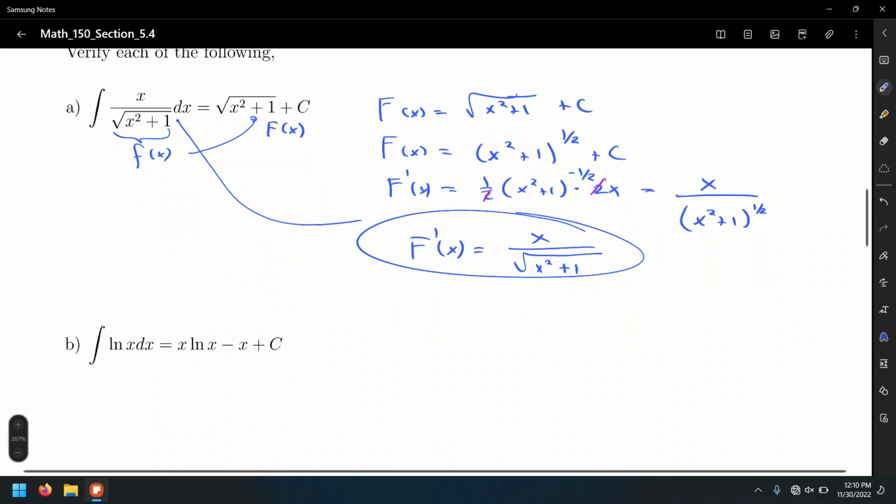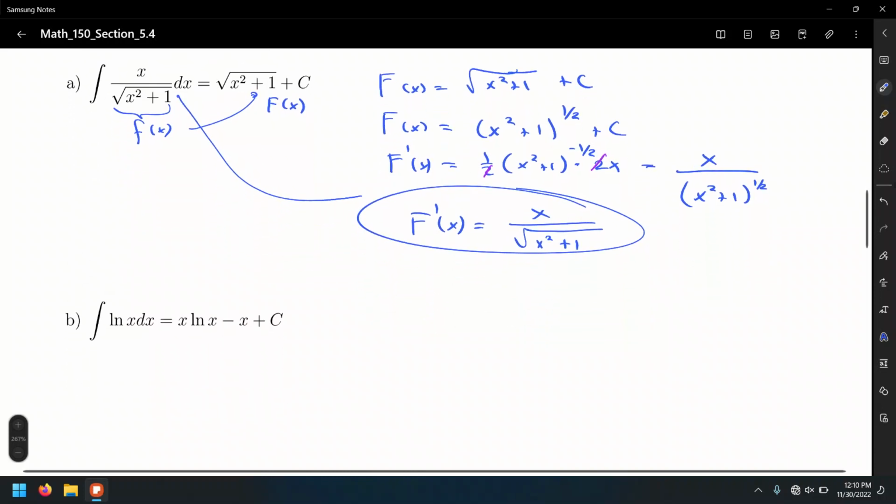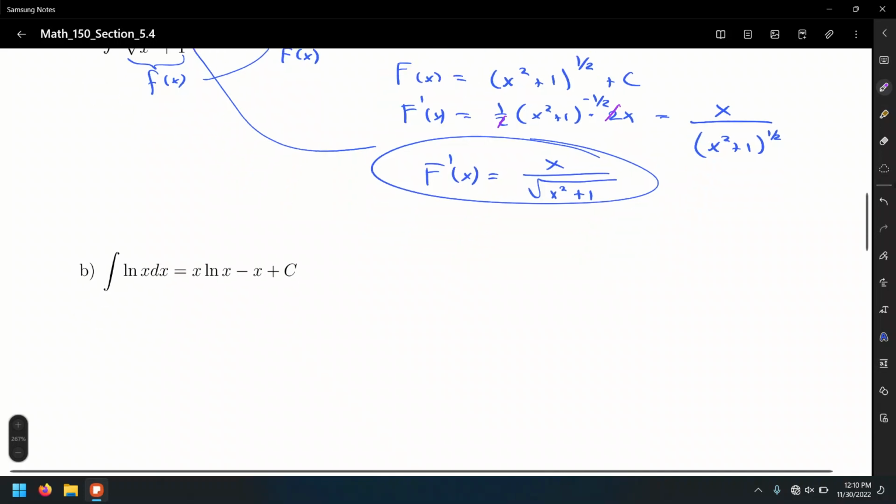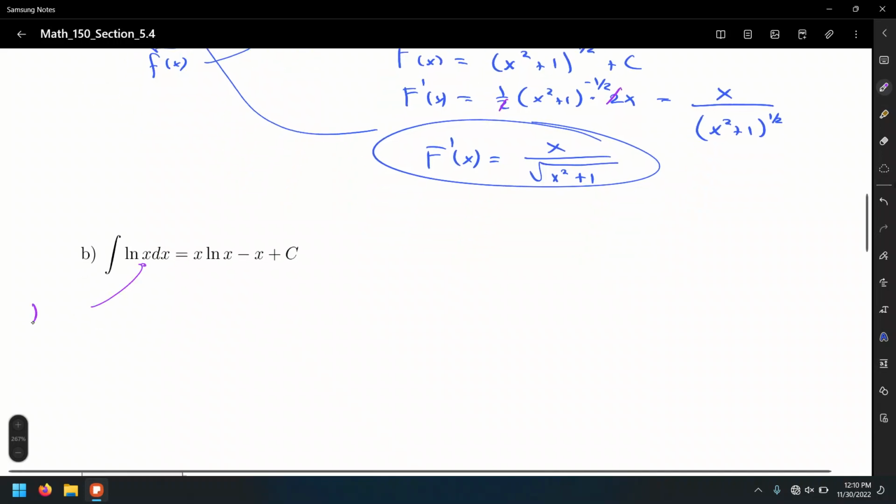All right, so letter B, the integral of ln of x dx equals x ln x minus x. Again, they want us to verify that the integration was done correctly. And again, let me note this will be done in Calc 2.